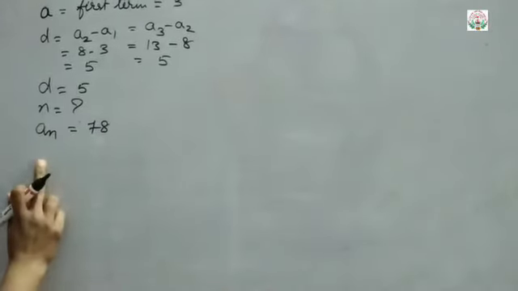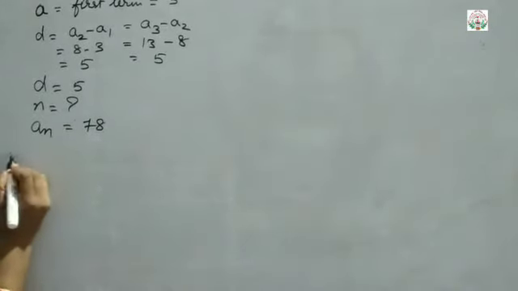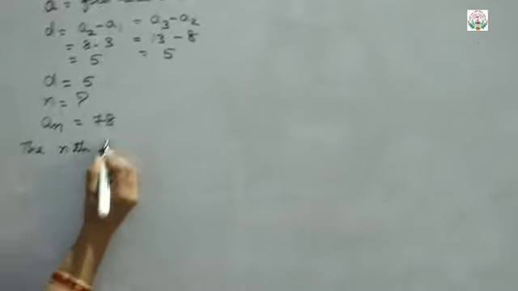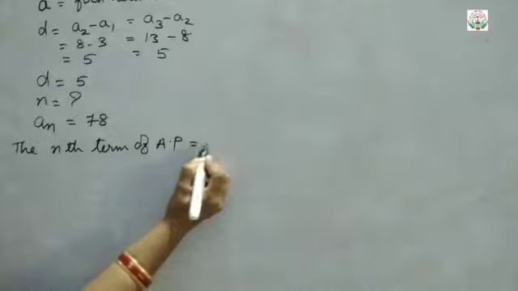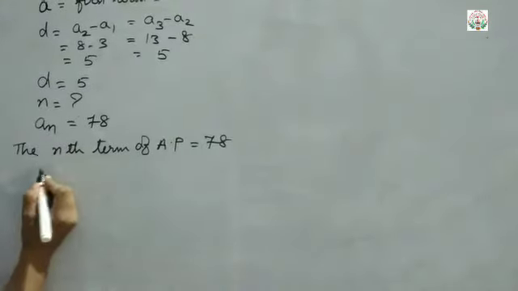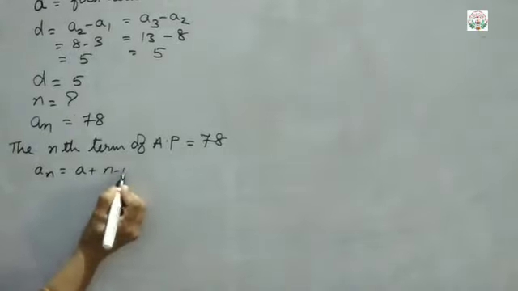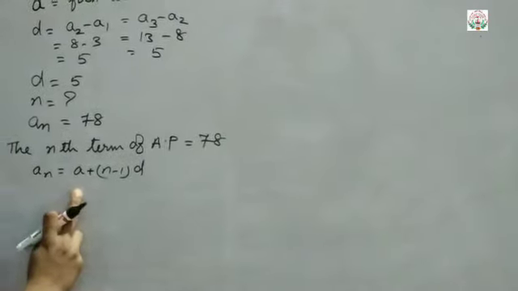Clear? Now the general formula of An, that is the nth term of an AP, we know. An equals A plus n minus 1 into D. This formula we will apply here.